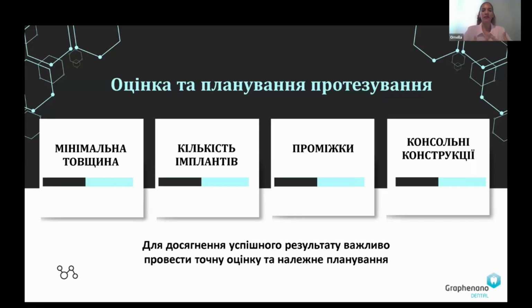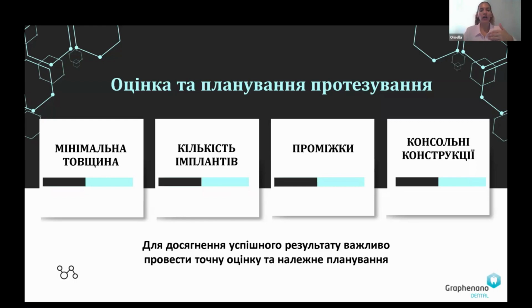So as a dental technician, I receive my case in the lab, okay, and I need to check minimal thickness, distribution of implants, cantilevers, and pontics, okay? This is going to help me define if I'm going to work in a monolithic way with the graphene technology, or if I need to use any reinforcement at the bottom.